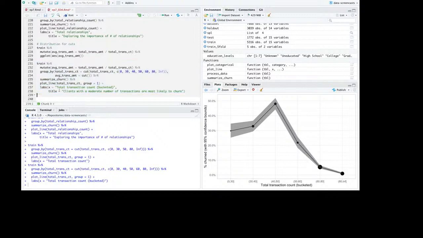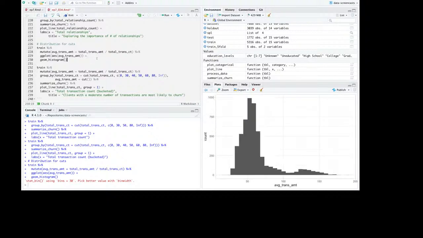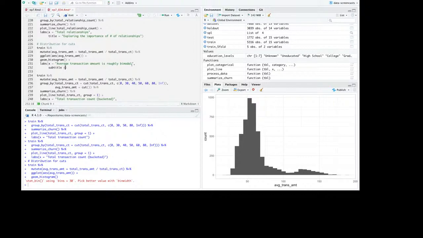But then I'm going to say, oh yeah, I was going to do a histogram. Whenever you see something like this, you can trichotomize it.